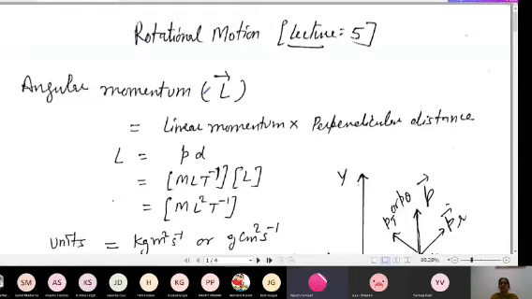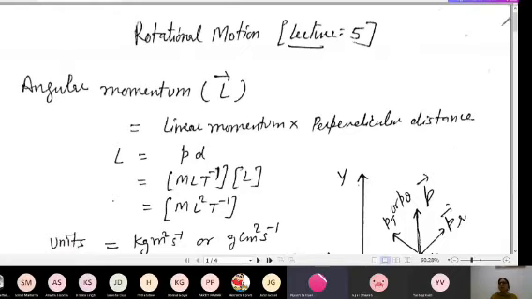You will write: angular momentum is the moment of linear momentum. So it plays the same role in rotational motion as linear momentum plays in translational motion.